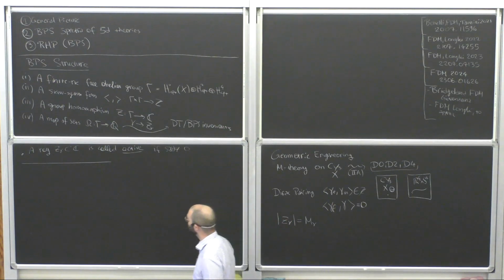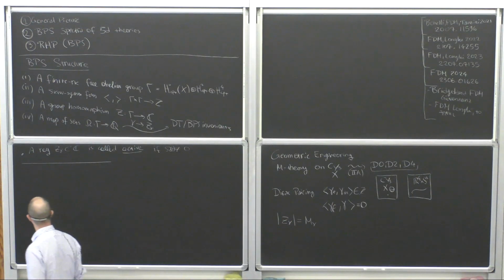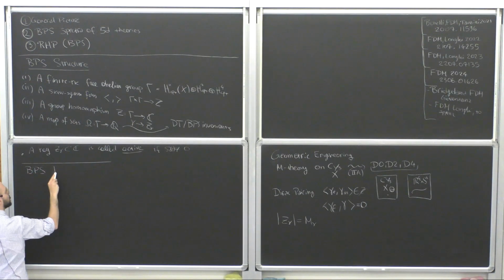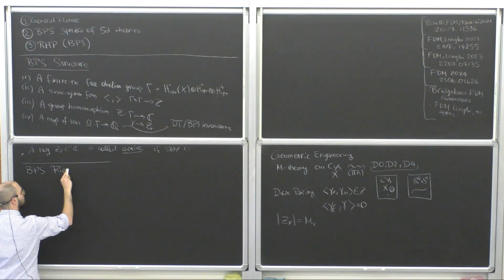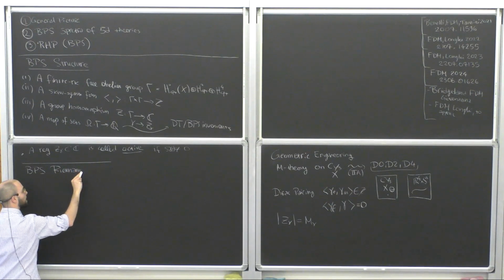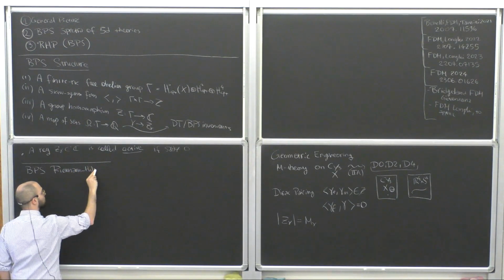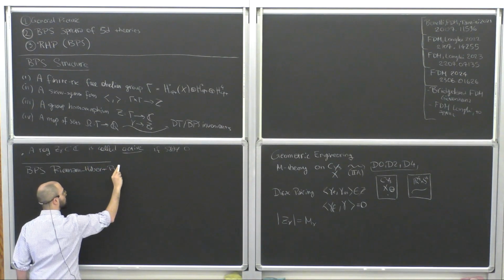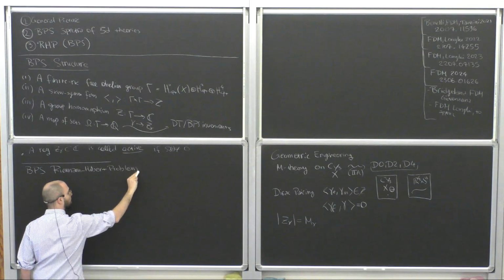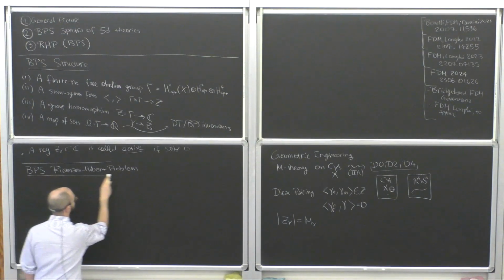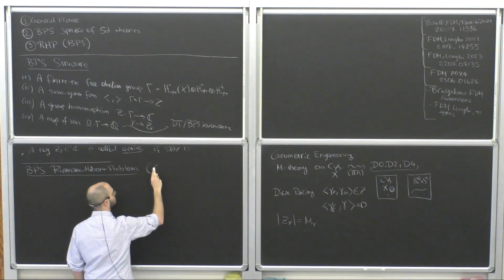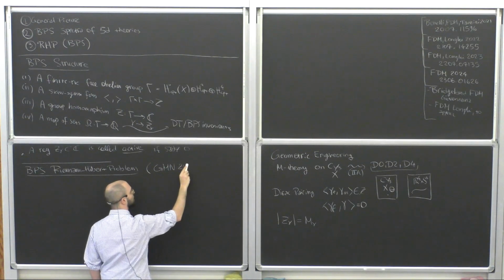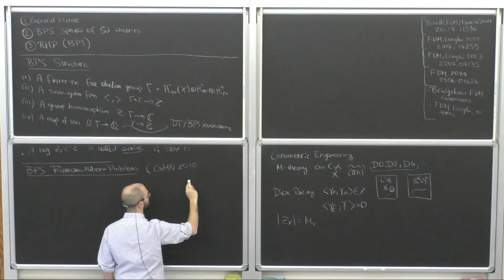The second problem that I want to solve is the BPS Riemann-Hilbert problem. And this, as far as I know, was first considered by GMN, Gaiotto, Moore, Neitzke, in 2010.